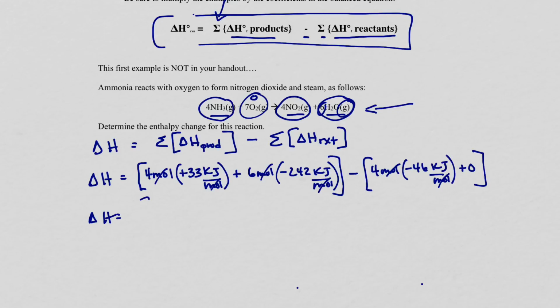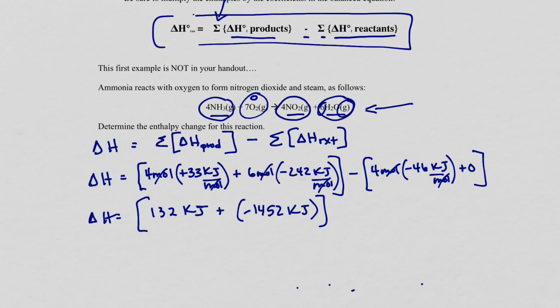All right. 4 times 33 ends up being 132 kilojoules. Okay, that is a positive number. To that, I'm going to add 6 times negative 242, which is negative 1,452 kilojoules. And I'm going to keep that in parentheses only because I want to make sure that I honor the fact that there's a negative sign there.